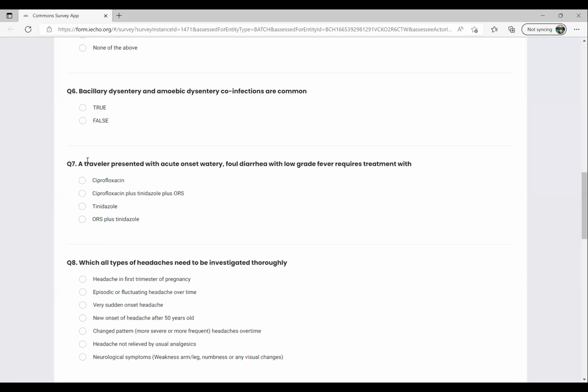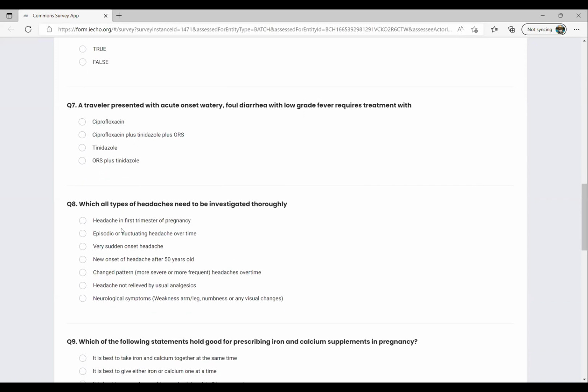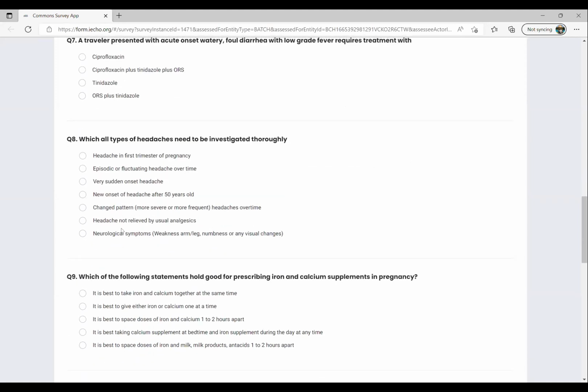And since this is a traveler, not living in that area, and the history of foul diarrhea suggests that there may be some Giardia lamblia infection here, perhaps ORS plus tinidazole would be a good choice for this patient. But again, ciprofloxacin would be unnecessary in this patient.